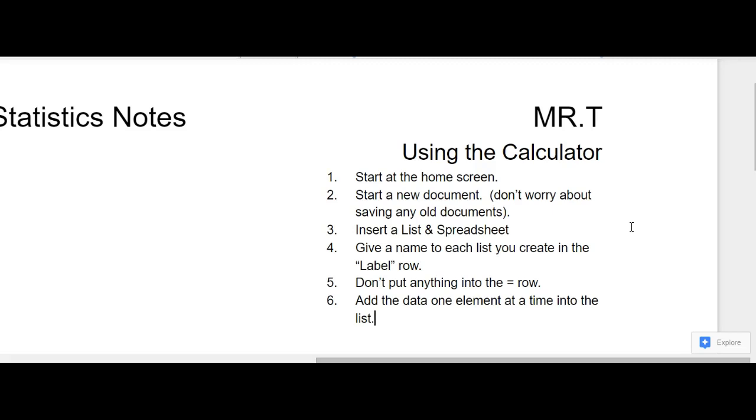Let's see, I put 45 and 46 and 41, 42, 43, 48, 46, 45, and 43, and 42 and 40. Okay, there we go. I've got, oh, and I'll go 41 again, and that'll give me 12 items in my list.